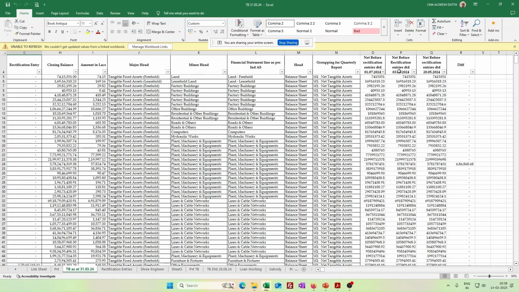There are several adjustment columns, but this is the closing balance. We are dealing with these figures.